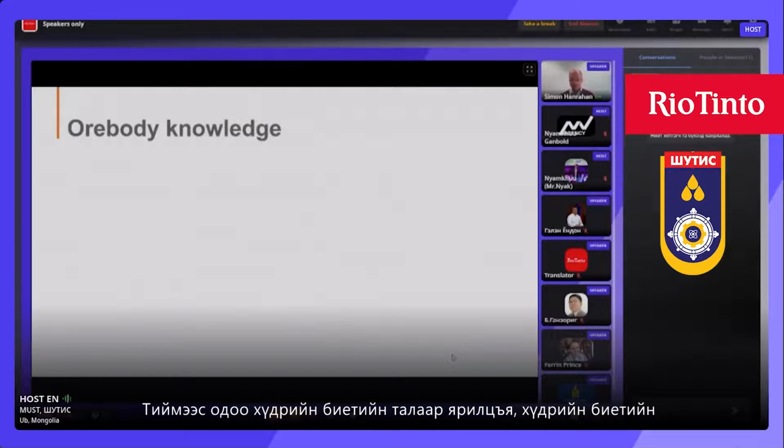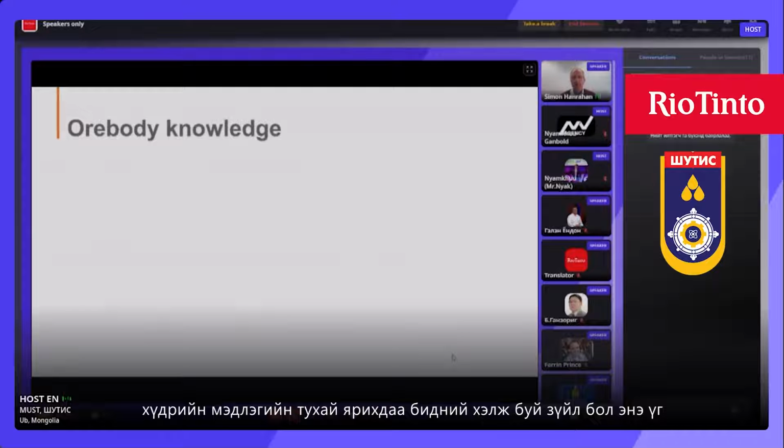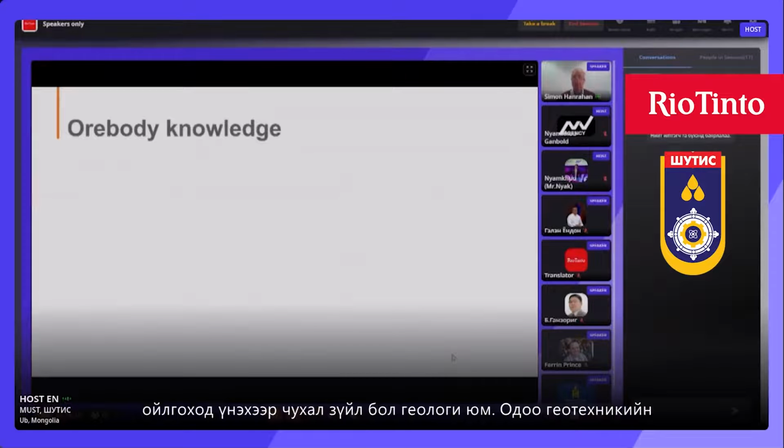So let's now talk about ore body knowledge. And ore body knowledge is really important, and it covers a number of aspects. When we talk about ore body knowledge, what we're literally saying is what the words say. We're gaining knowledge about the ore body that we intend to design and operate a mine in.